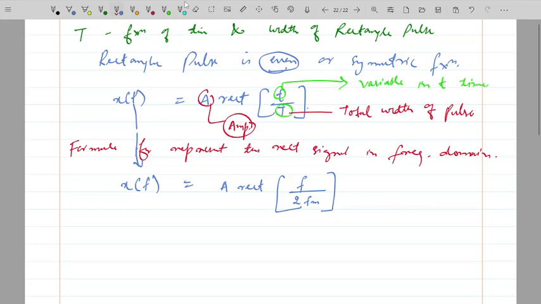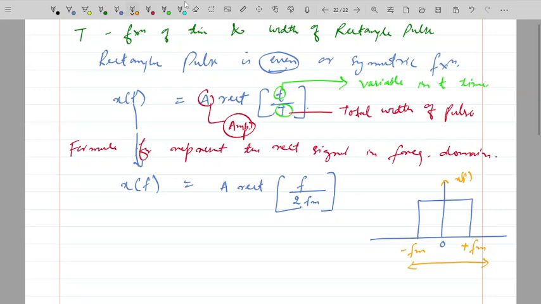In the figure of the rectangular pulse, here this is 0, and here I consider this as plus and minus fm. Here is the x of f signal, and this is the width of the rectangular pulse. The combination of fm and fm, that is 2 times fm, is the width of this rectangular pulse.